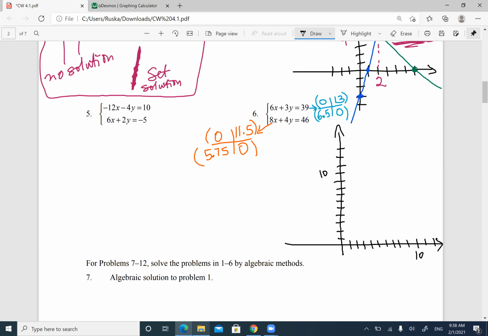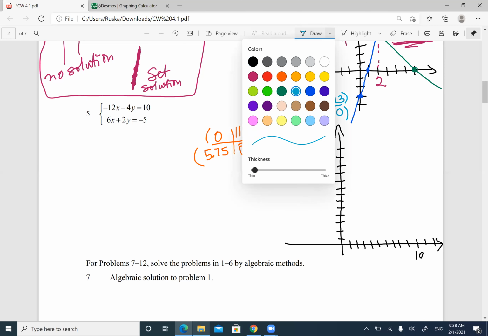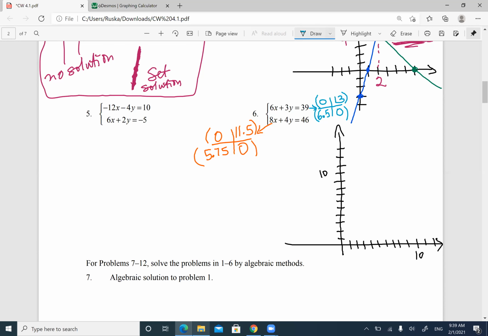Okay, so let's go ahead and start the blue line first. The point (0, 13). So that was 10, and 13 is right here. (0, 13), and then 6.5. So you have 6.5 in the middle. And then you're going to connect it with a straight line, as straight as possible.